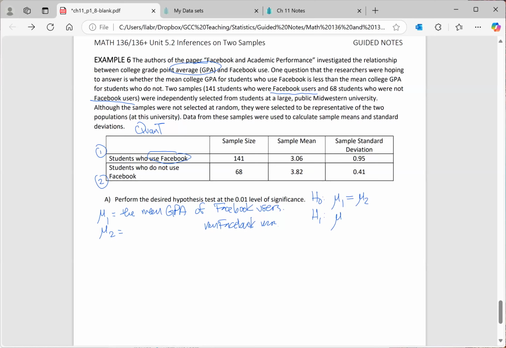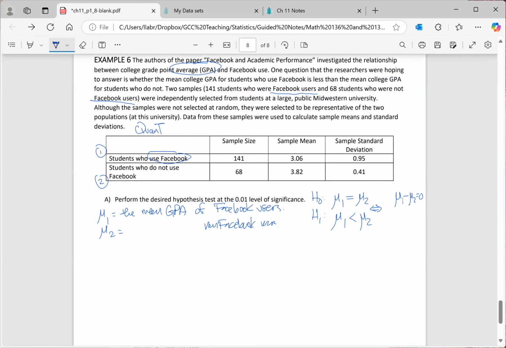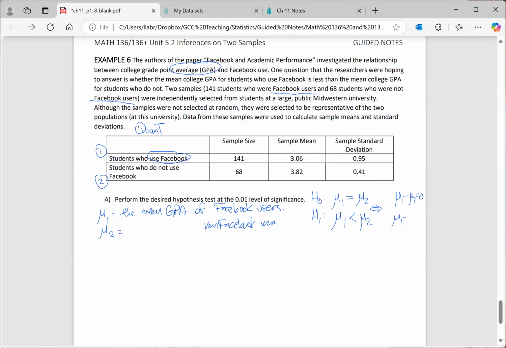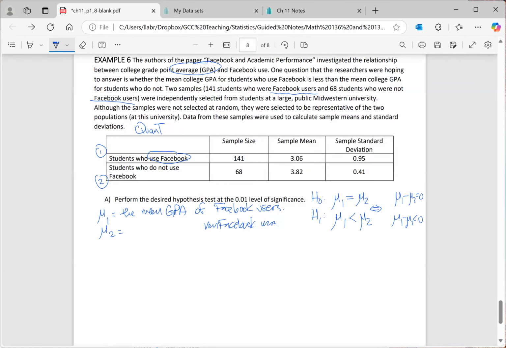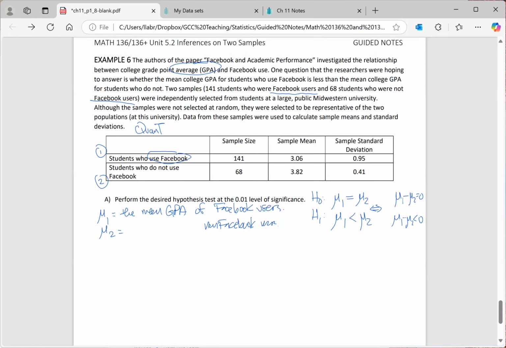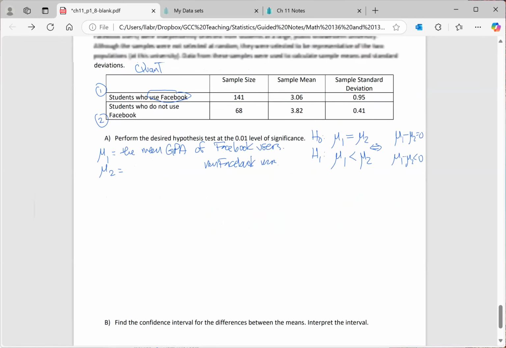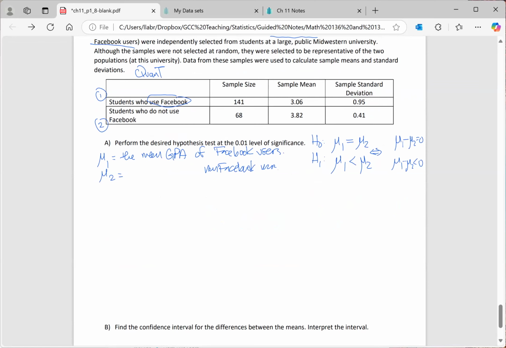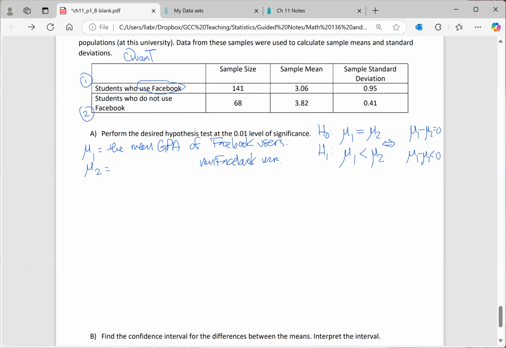So mu1 is less than mu2. Remember that we can write these as mu1 minus mu2 is 0 versus mu1 minus mu2 is less than 0. I see that we don't have a lot of space, so I'm trying to use the space wisely here.